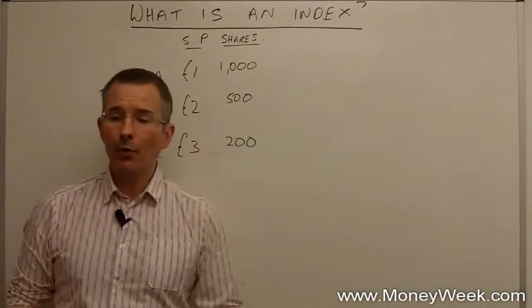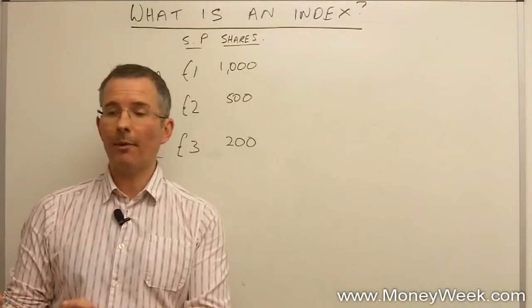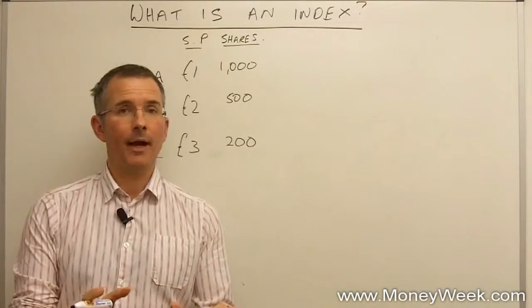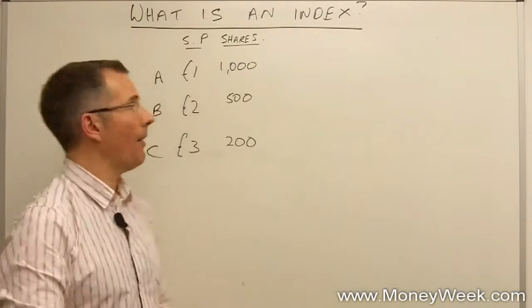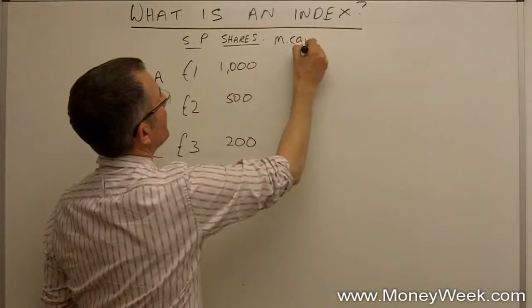From there, we could work out what's called a market capitalisation. We take the share price, multiply by the number of shares they've issued that are out there trading, and come up with a market cap. So let's do that and see where we've got to.